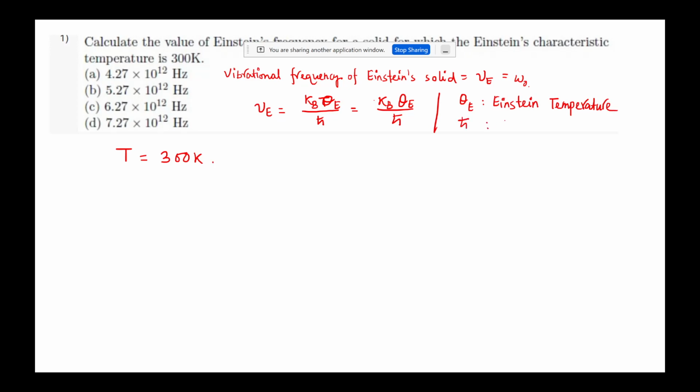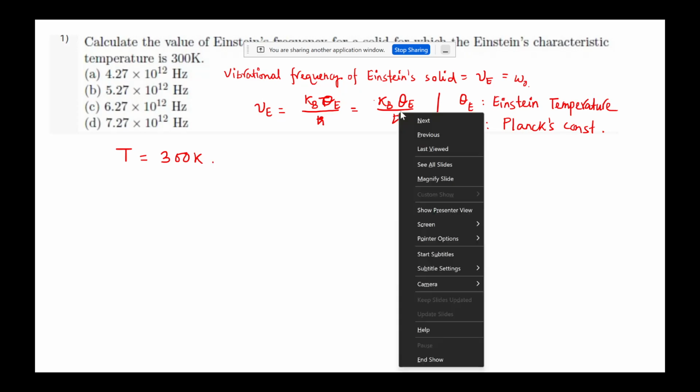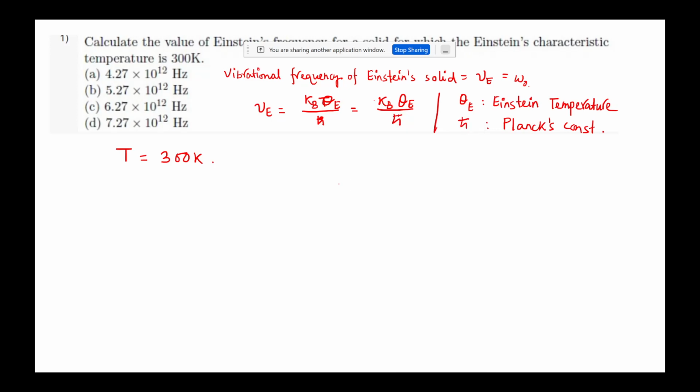1.05 into 10 to the power of minus 34, sir. Yeah, but is this Planck's constant? So this will be h, not h cross. h cross is h by 2 pi, right?